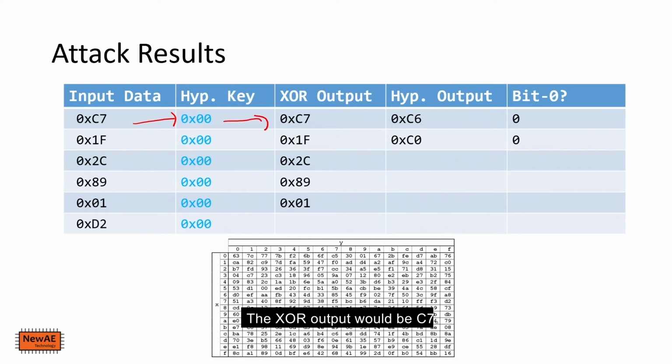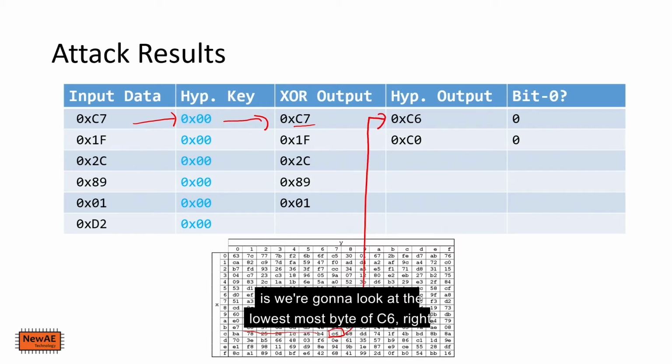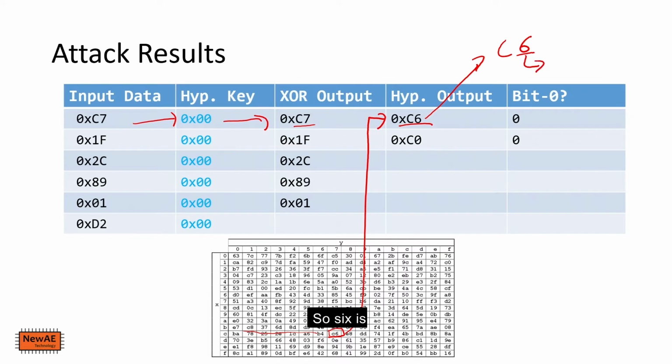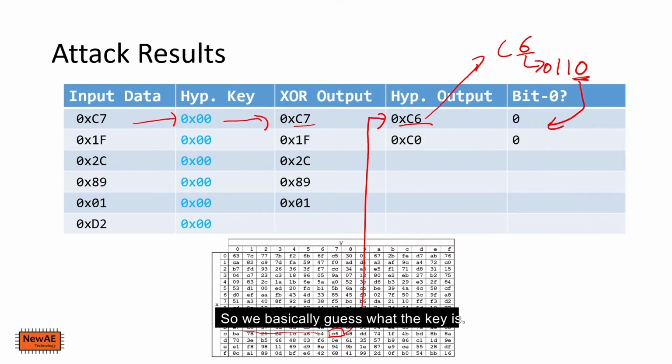The XOR output would be C7. If you look up in this little lookup table what C7 is, that's C6. So we'd have C6. And all we're going to do is look at the lowest bit of C6, right? So 6 is 0110. And the lowest bit is 0. And we're going to do that for every single one of these.